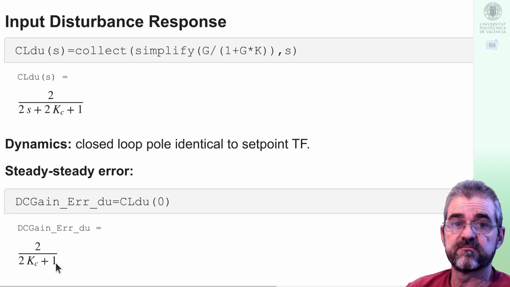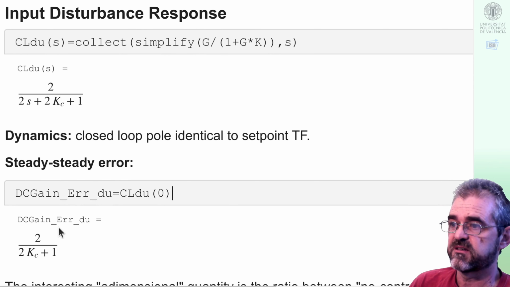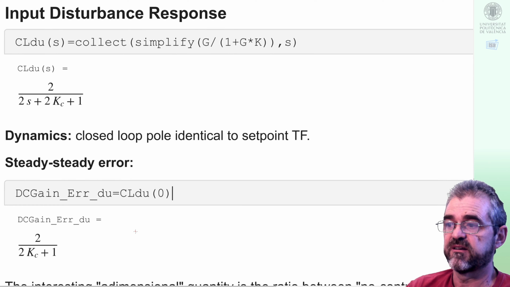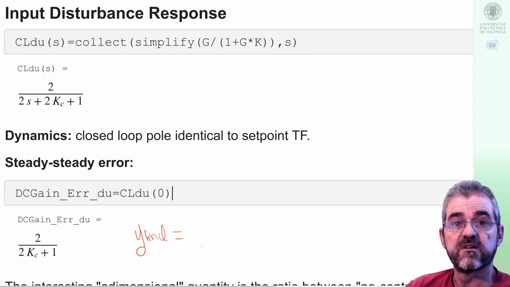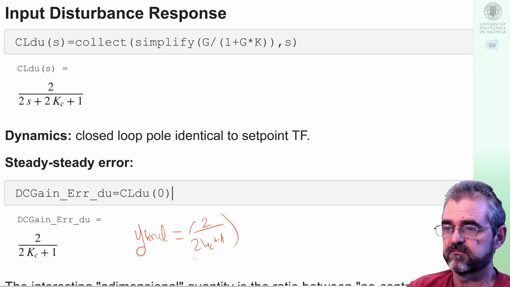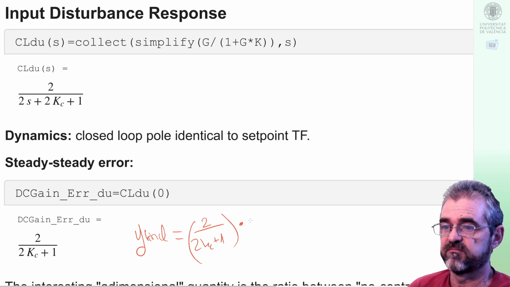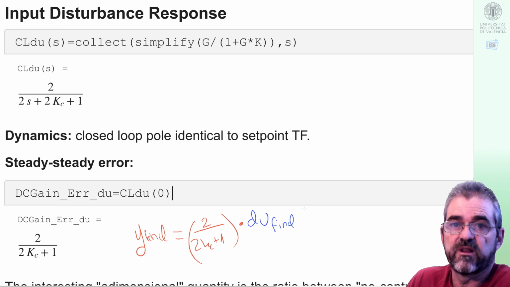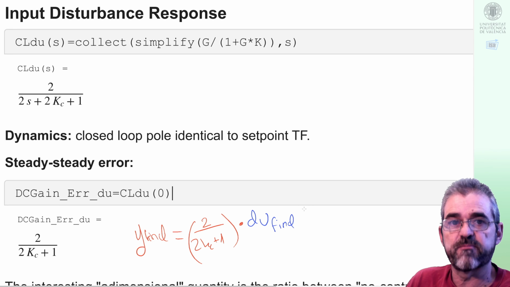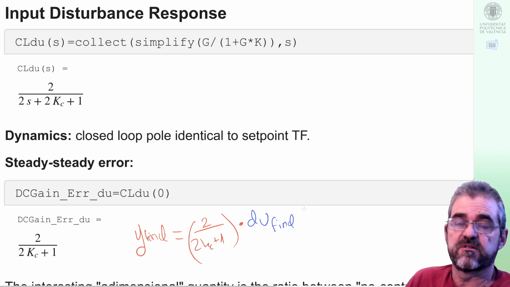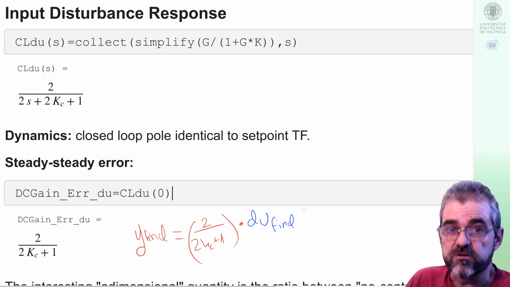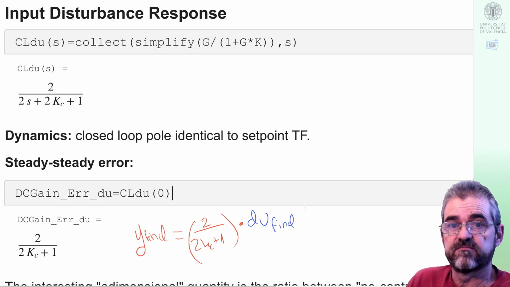So for instance, what this formula is saying is that the final value when subject to a step input disturbance event will be this thing times the final value, or the constant value, if it were a step disturbance. The thing is that this is okay in theory, but input disturbances are not usually measurable.